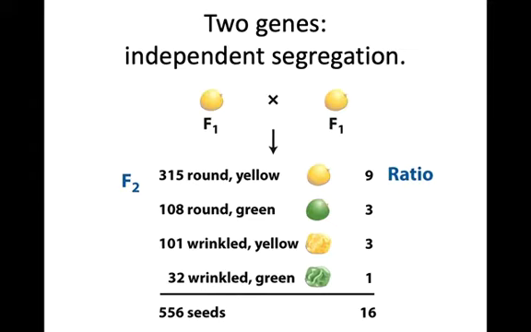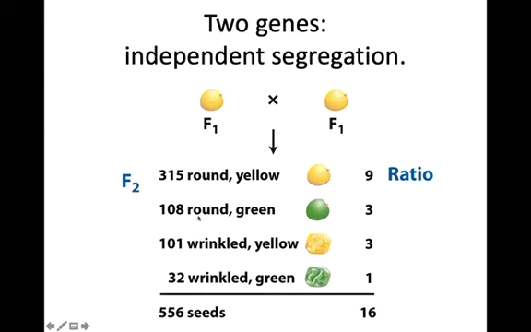So wrinkled and green, and that is at frequency 1 relative to 9. And then the alternating one: one locus is recessive phenotype, and the other locus is the dominant phenotype. And then the inverse of that, where it's the alternating locus, so it's going to be 3 and 3.